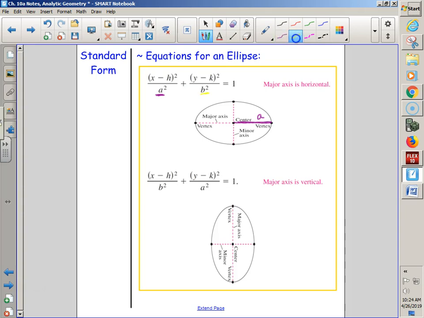And then the B is going to be the minor. But if you notice in this one, the horizontal or the x-axis got the major and the vertical or the y-axis got the minor, but right down here it switches, doesn't it? Right down here, the minor is going to be the x because he's the shorter dude.